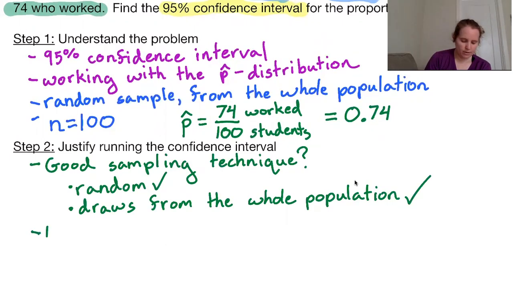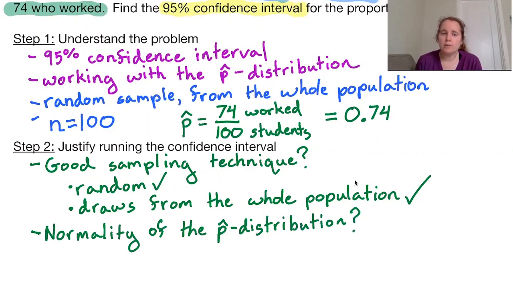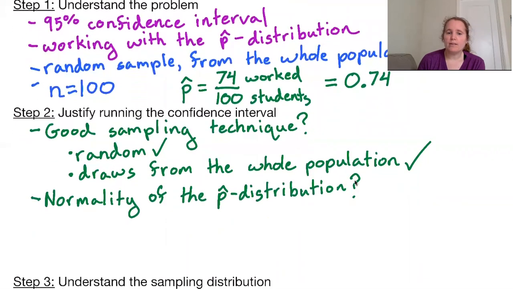Then we need the normality of the p-hat distribution. We have to check that n times p, although in this case we'll use p-hat, and n times 1 minus p-hat are both at least 10.